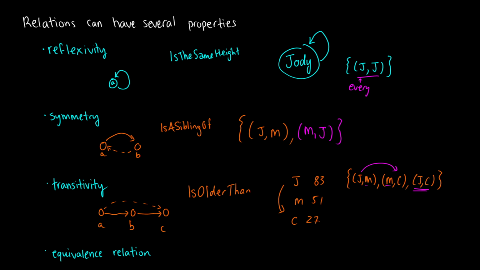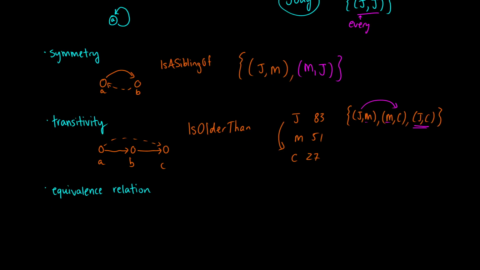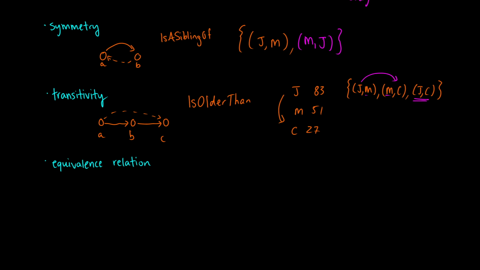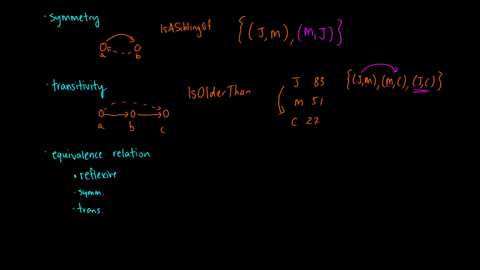Now, the last one that we'll talk about is the equivalence relation. And this is a little bit special. This is a relation that is reflexive, it is symmetric, and it is transitive. So it's all three of those things. Now, what this looks like, we'll just do this with three different elements here. We'll do A, B, and C. What this means is that everything is related to itself.